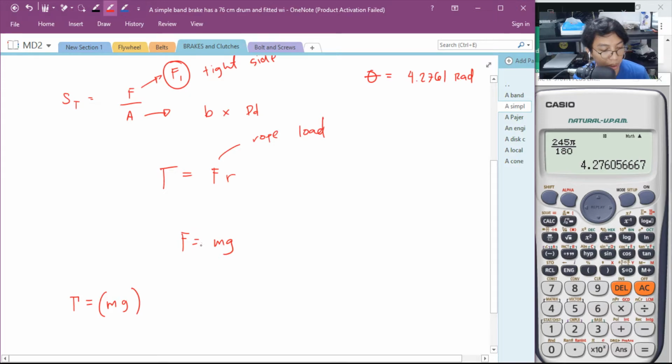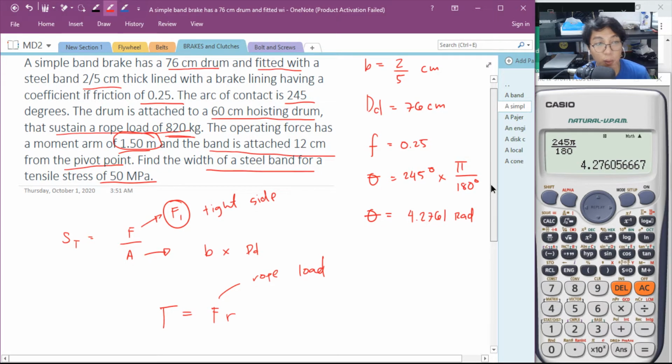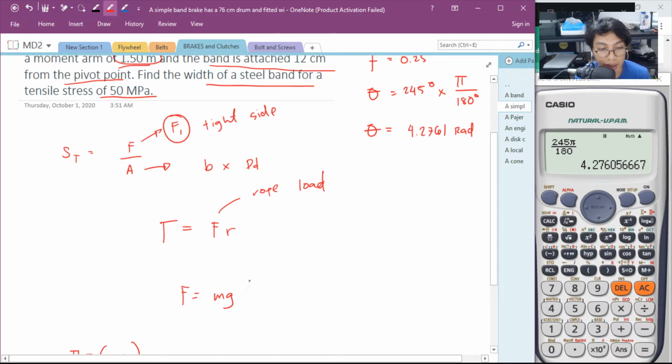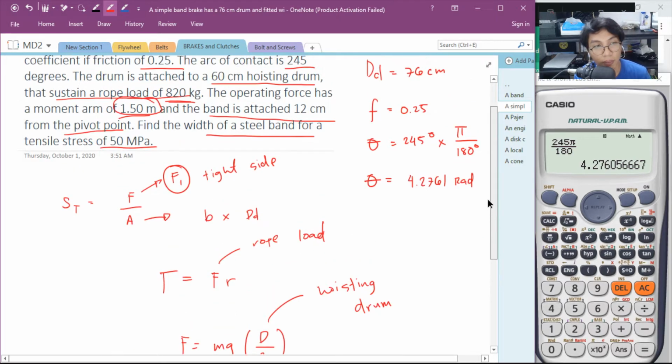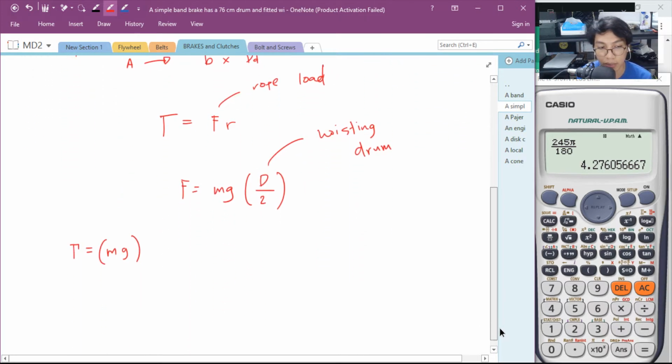Ano ba yung radial arm mo dyan? 60 centimeter hoisting drum. Ibig sabihin, R is D over 2 nung hoisting drum, not the brake drum. Okay? Hindi yan. Hoisting drum muna.